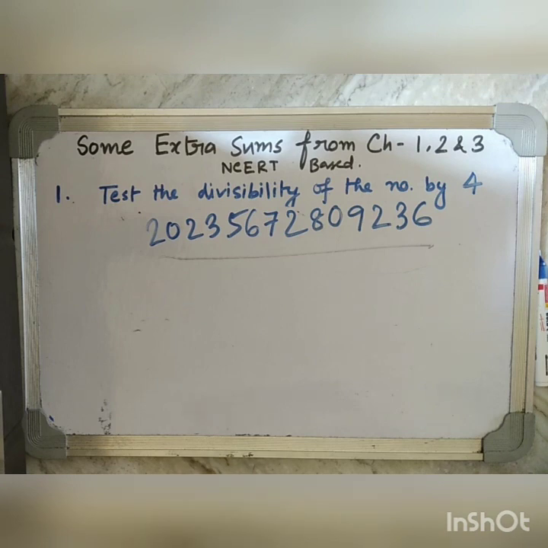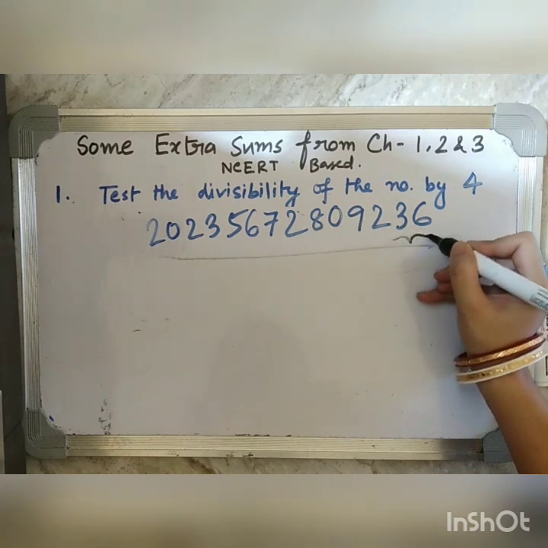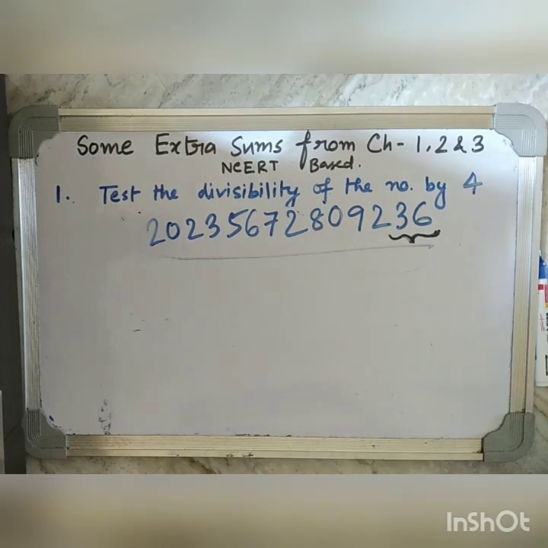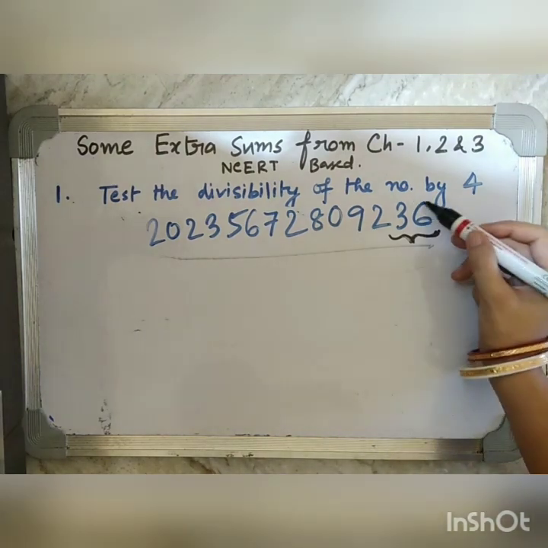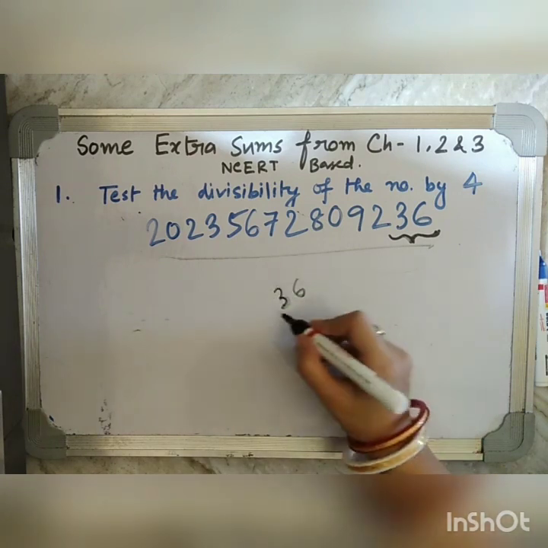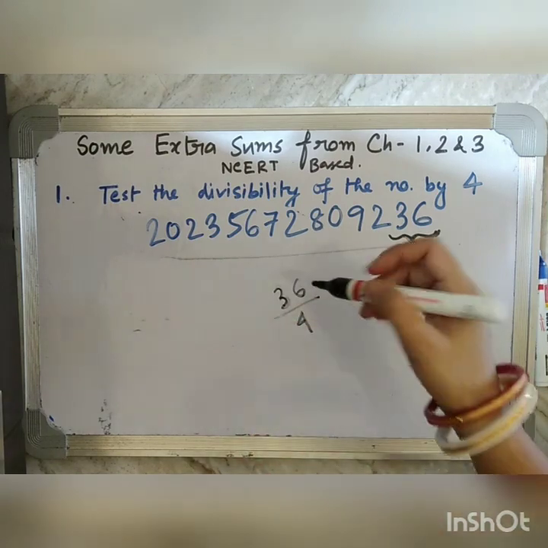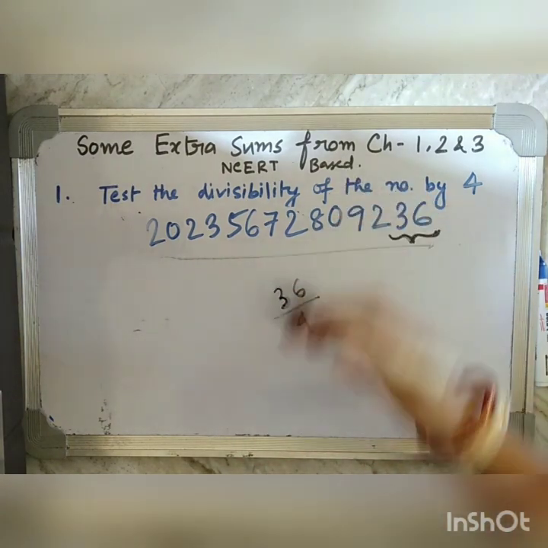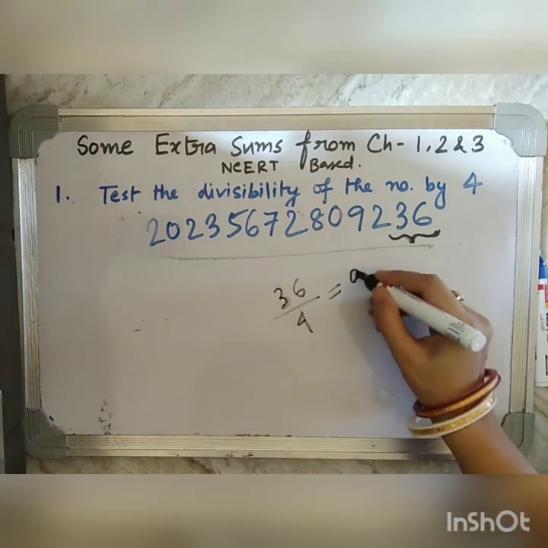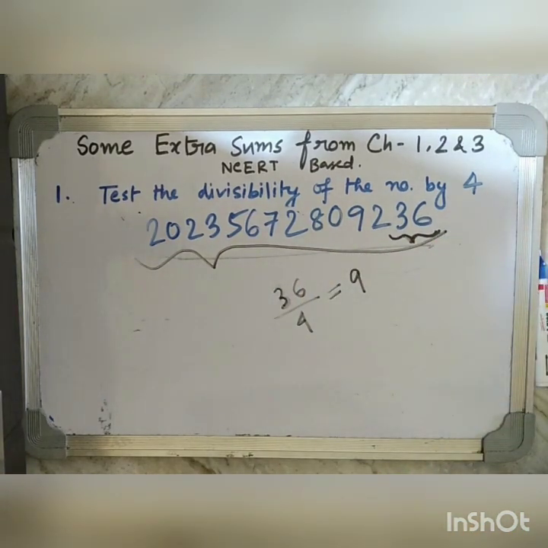What to do? Nothing tough. First we will check the last two digits of the given number. Here the last two digits are 3 and 6, means 36. If 36 is divisible by 4, means after dividing 36 by 4 we get no remainder, then we can say the number is completely divisible by 4.